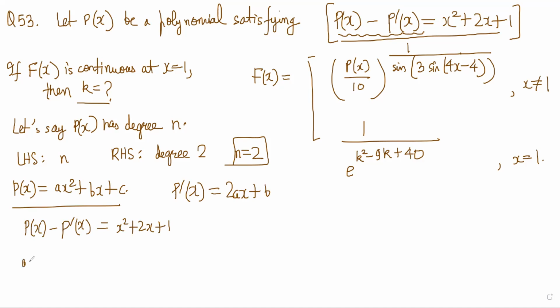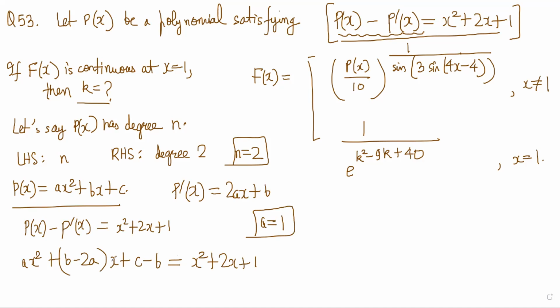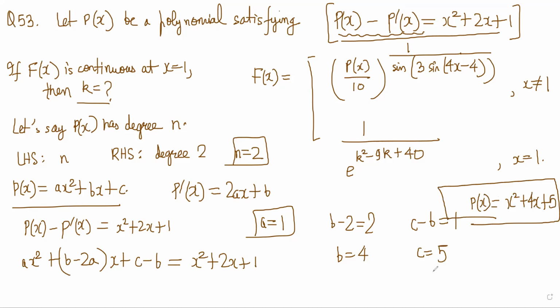So what we get here is ax square plus (b minus 2a)x plus (c minus b) is equal to x square plus 2x plus 1. So that implies that a is equal to 1, obviously, and b minus 2 is equal to 2. So b is equal to 4, and c minus b is equal to 1. Therefore, c is equal to b plus 1, which is 5. So I get my polynomial px immediately. Px is equal to x square plus 4x plus 5, right? This is my polynomial px.